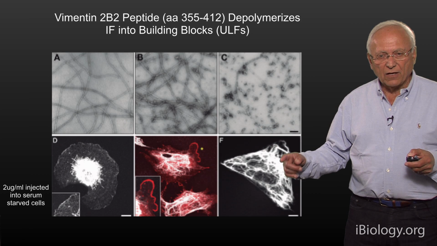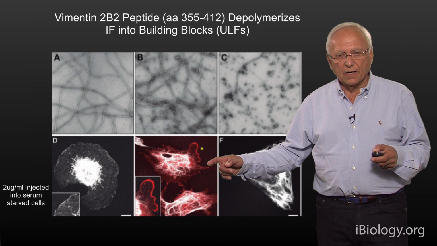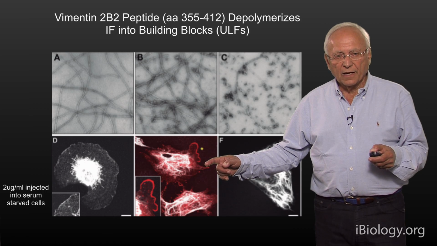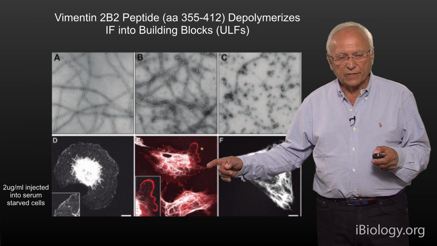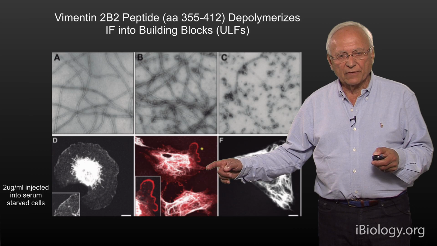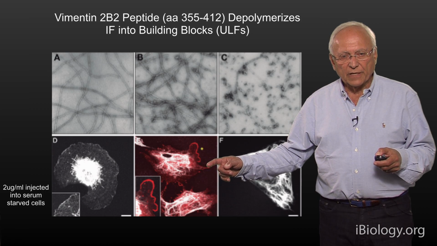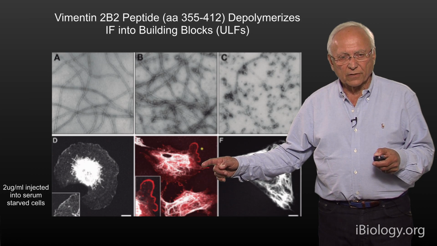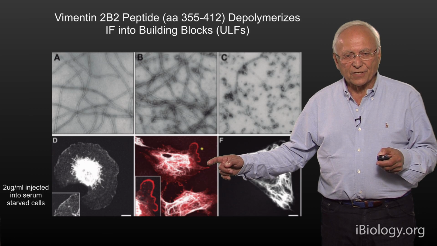And if you look at cells following injection of this peptide, you see on the lower left, figure D, a cell which was injected, which had been grown in the absence of serum. You can see that after injection, the filament network is retracted back towards the nucleus, and there are many particles and short filaments in the region between the nucleus and the cell surface.